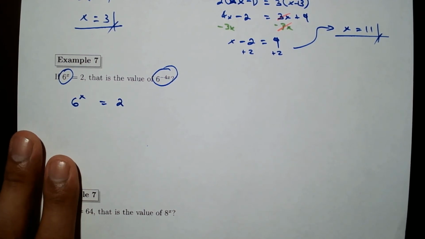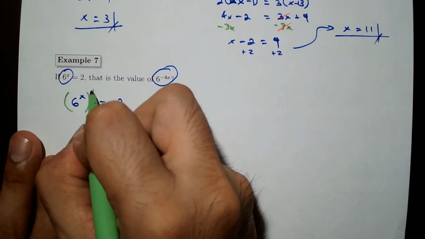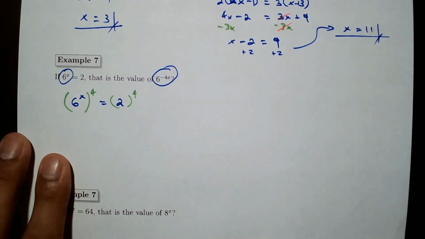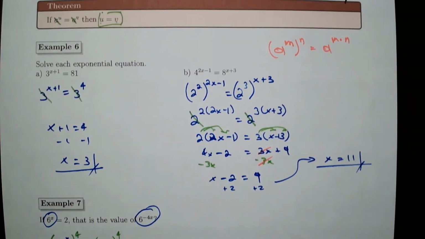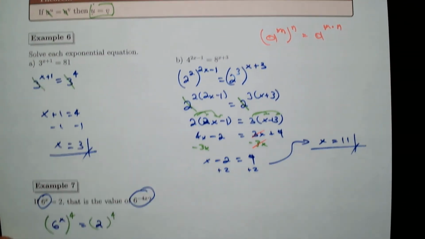First, I'm going to raise both sides to the 4th power. That's going to give us, again, using the same property that I listed above, power of another power, multiply the powers.